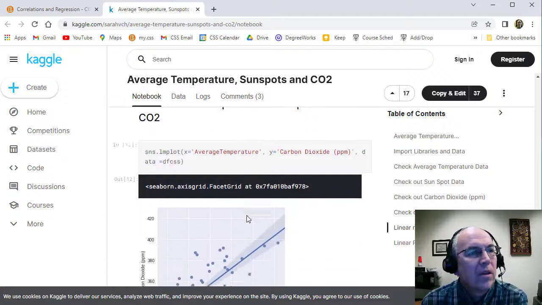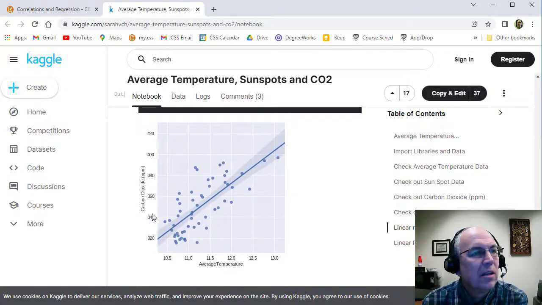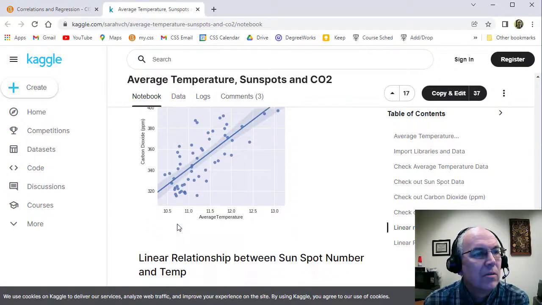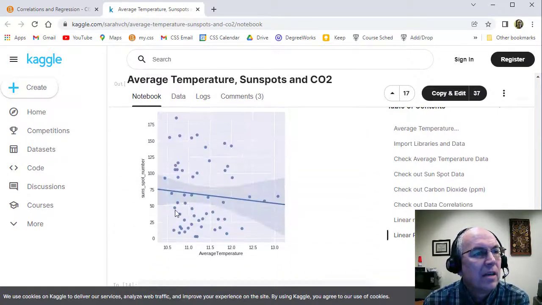And then we're going to try to graph the relationship. So here's the relationship between annual carbon dioxide measurements and annual temperature readings. And we do see a pretty strong relationship there, a correlation between those. And this is the sunspot data and the temperature.